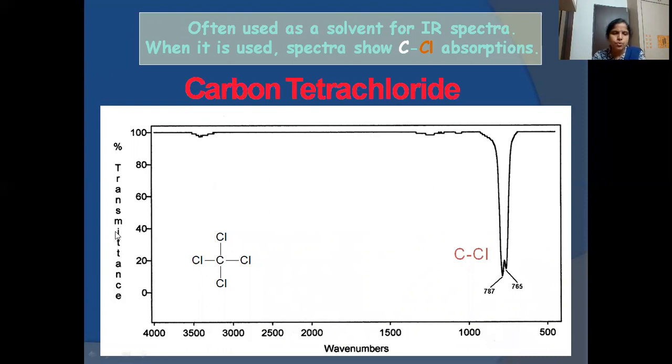See here, in the functional group region you are not able to see any bands. No bands means there is no sp3 or sp2 CH. One sp3 carbon is there, but no hydrogens are attached to that carbon. That carbon is attached only to Cl, so we come across only this band, which is due to CCl absorption bands.